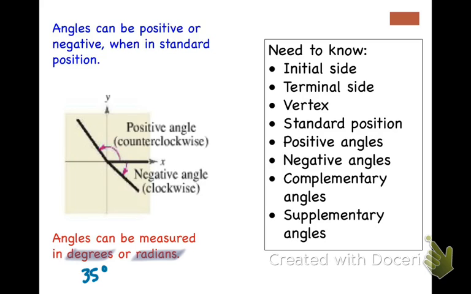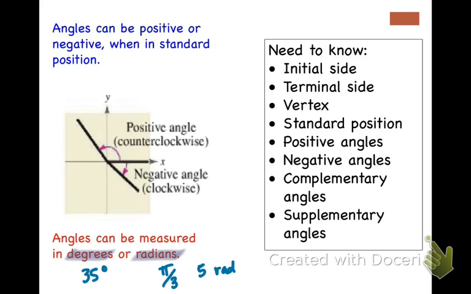And most of the time, but not always, radians is going to have a pi, so something like pi over 3. You could have just 5, like 5 radians. And sometimes we'll write RAD to represent radians. But if it's missing the degree symbol, that's the key thing that represents that it's radians.